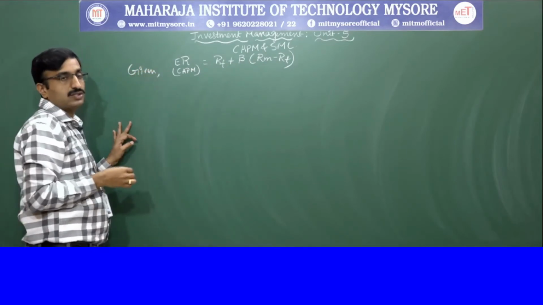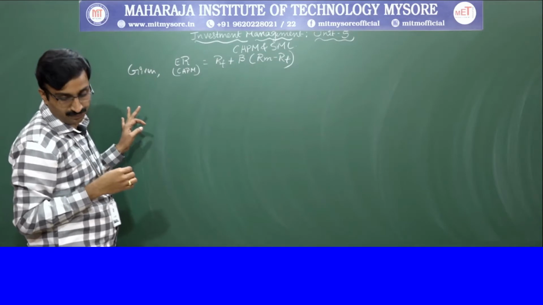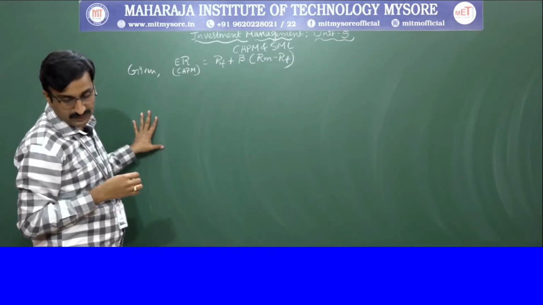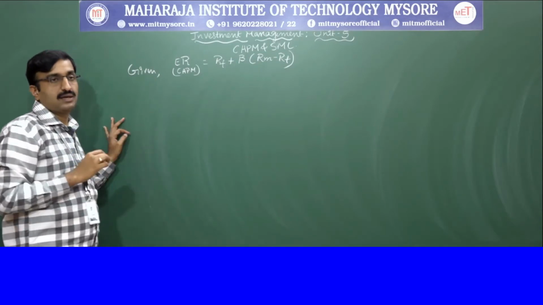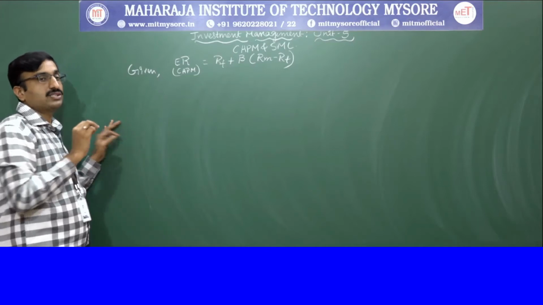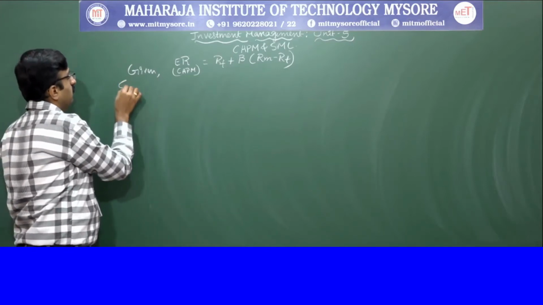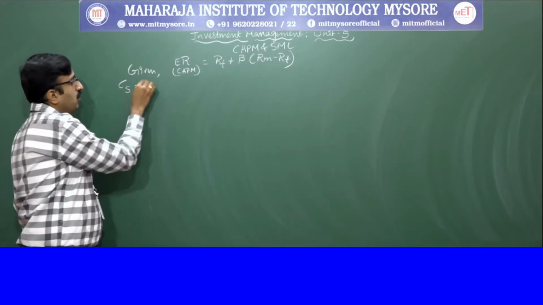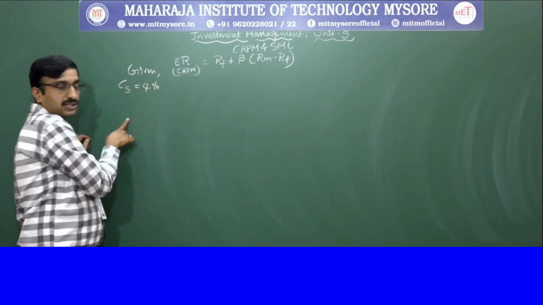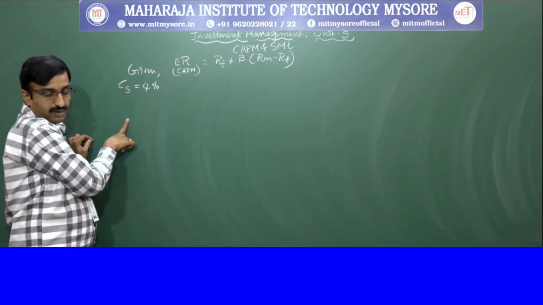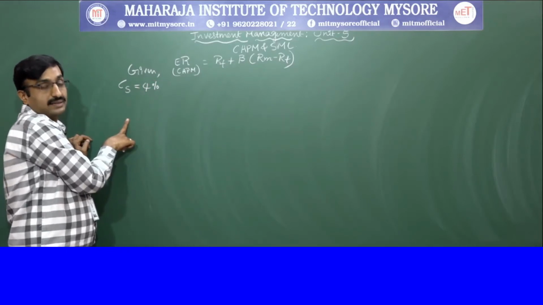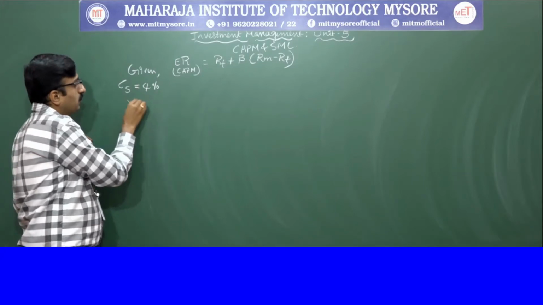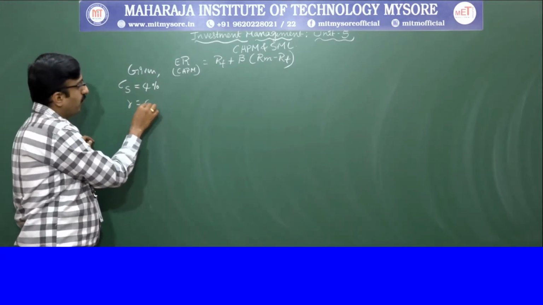First you write down the given values. They have given a standard deviation of 4%, the standard deviation of the stock. Also they have given R, the correlation, which is 0.8.